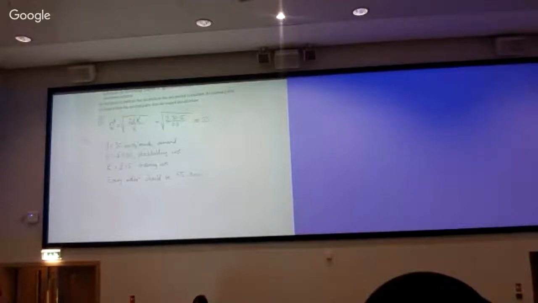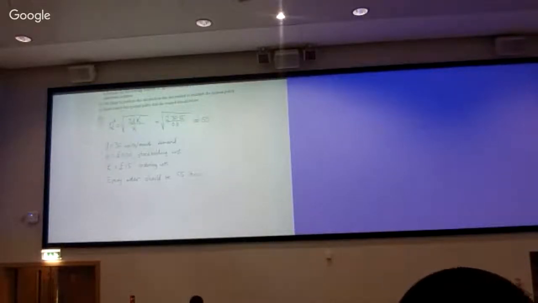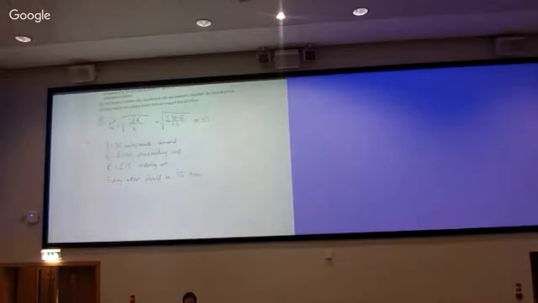I've missed my own question. It's asking about producing a batch of these items rather than ordering them. But the principle, the mathematical model is the same. Whether you're ordering them from an external supplier or from someone who can make a batch within your own company, that doesn't make any difference. So every order should be 55 items.